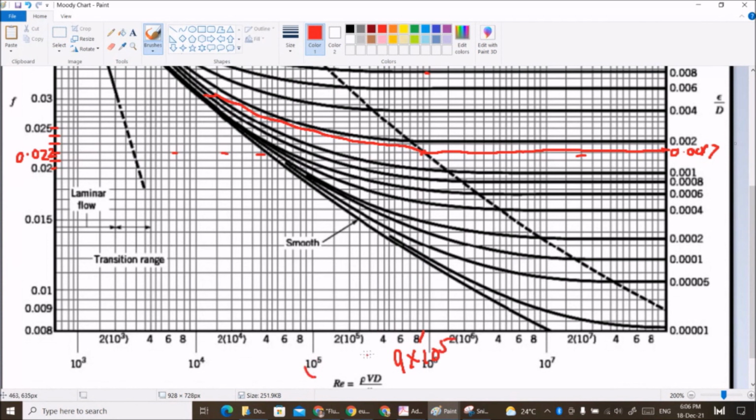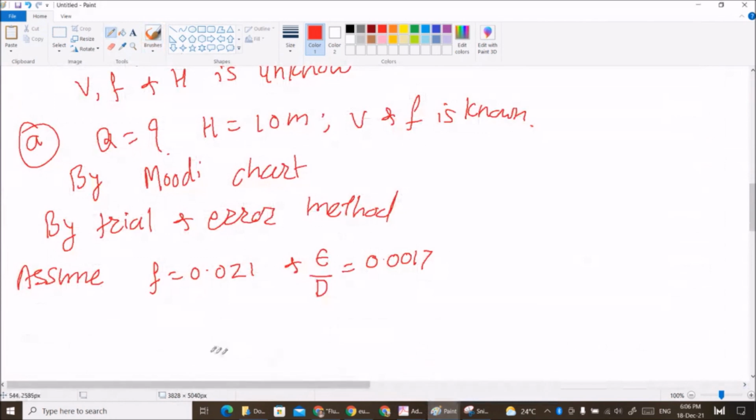Okay, so this is 10 to the power 5, 9 into 10 to the power 5. So for first assumption, I will write, it will give you a Reynolds number is equal to 9 into 10 to the power 5. Here we can find out velocity and friction factor, we can check it.